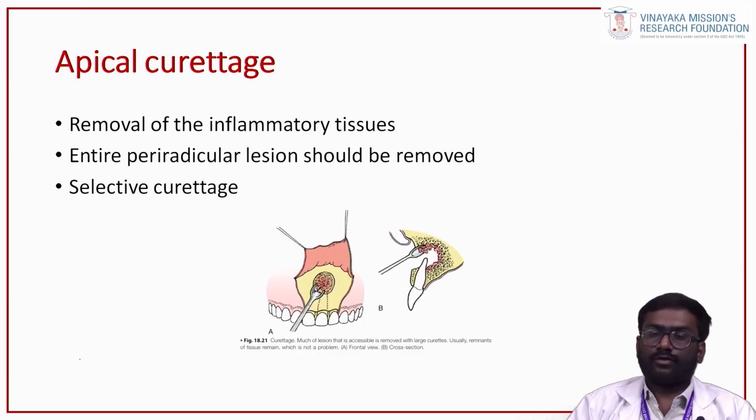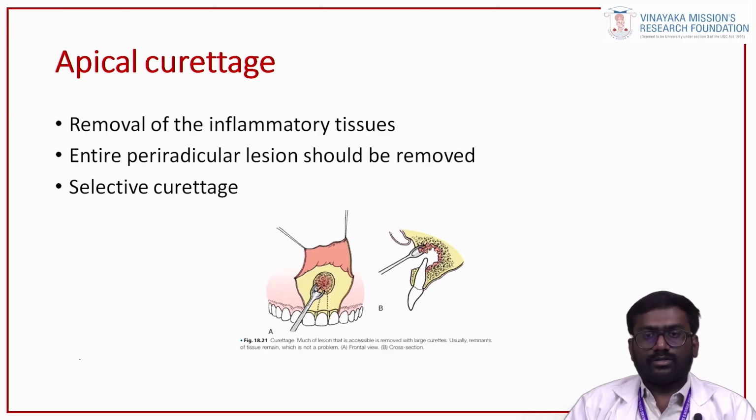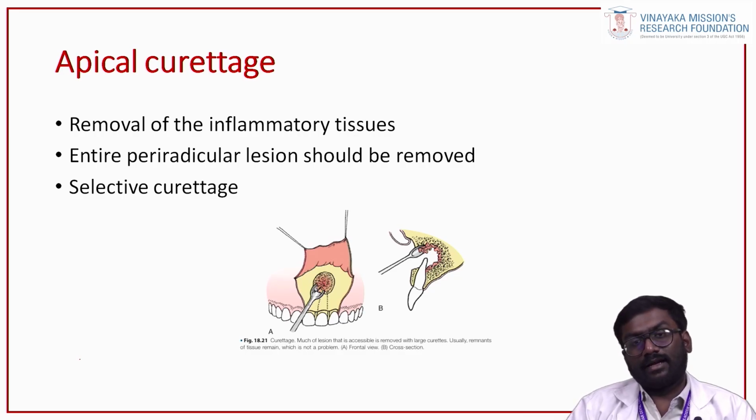If you leave some part of the lining, there are high chances of recurrence and failure of your endodontic procedure. So complete debridement or curettage is very, very essential in the periradicular area. All the lesions should be removed. If multiple teeth are involved, all the interradicular areas should be curetted very properly.